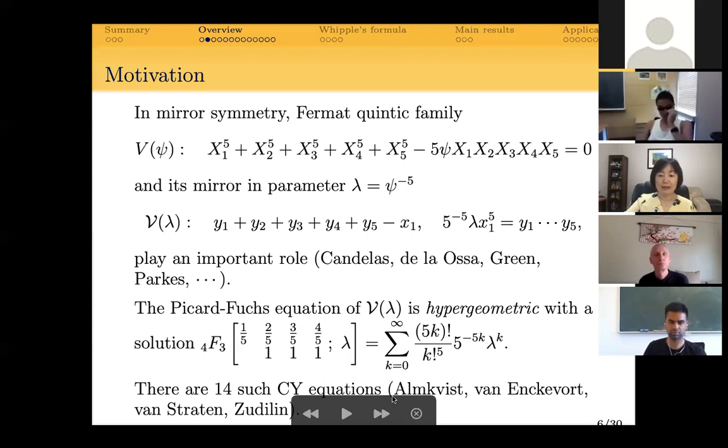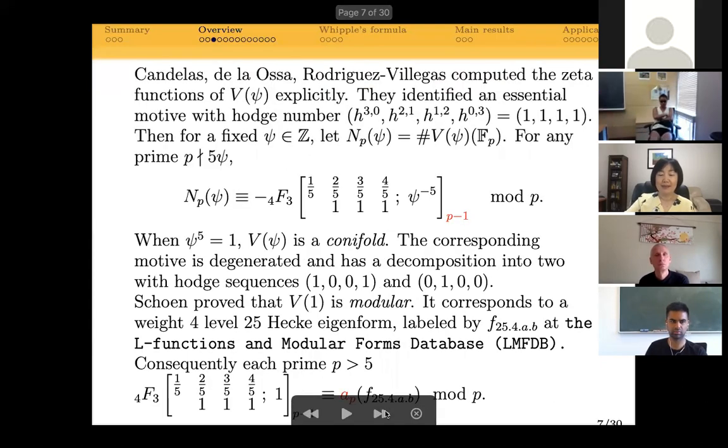You can find such a list, for instance, in this paper by Almkvist, van Enckevort, van Straten and Zudilin. And in particular, in 2 very important papers by Candelas, de la Ossa, and Rodriguez-Villegas, they computed the local zeta function for the quintic family very explicitly, for a given parameter psi.